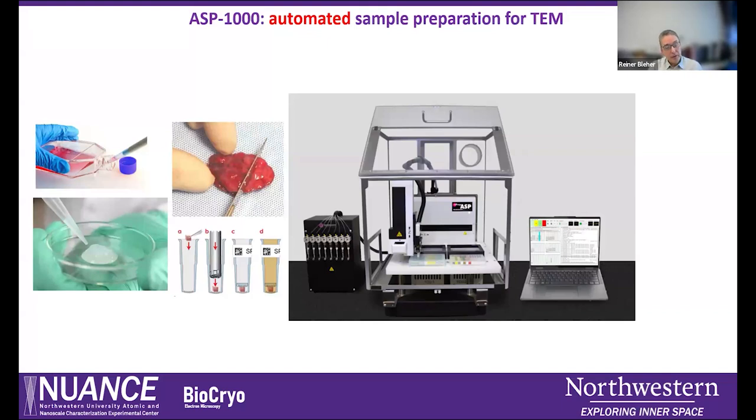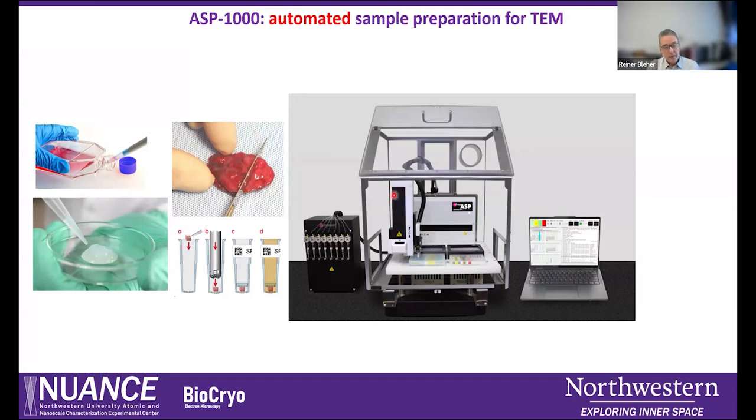If we have cell culture, for example, we harvest the cells, make a pellet, and then resuspend this pellet in a very small volume of low melting point agarose. This agarose hardens at room temperature, and we can also cut it into small cubes for placing in our capsules.